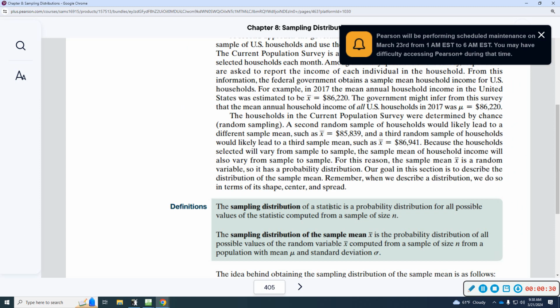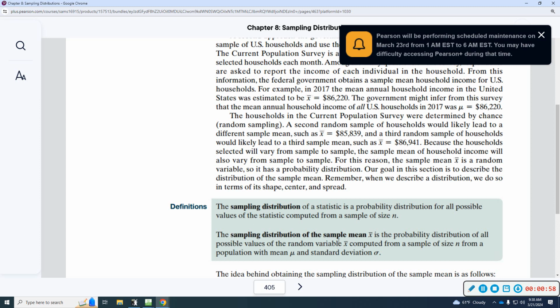Usually we're going to have a population, and we're going to look at taking samples of size n, so multiple samples. So like if we have the whole United States, we might take multiple samples of 100, and so we'll do that all over the state until we take every single possible sample, and all of those different samples will come together to make a sampling distribution.